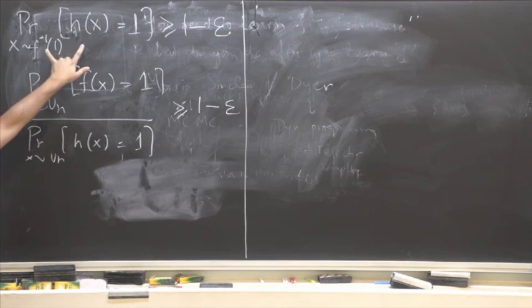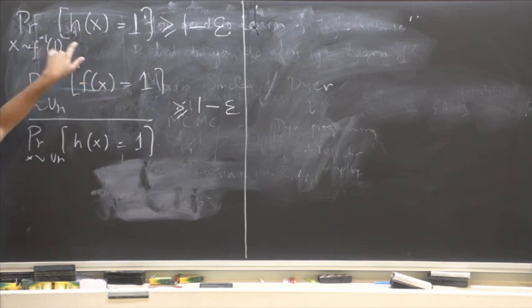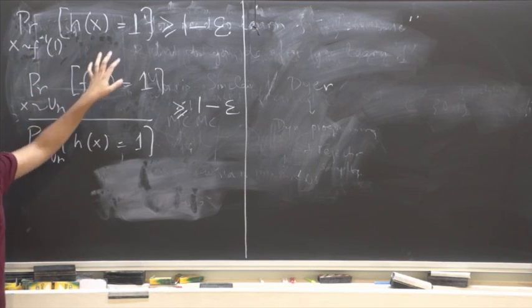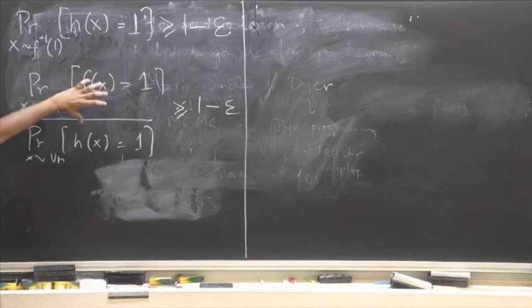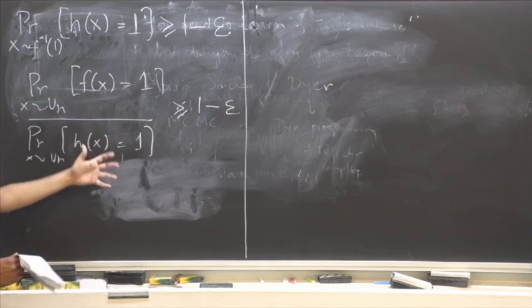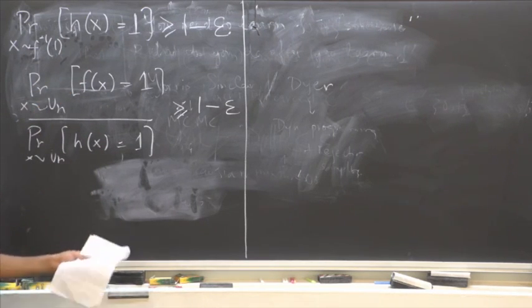So what I am saying is that you can translate that multiplicative error into these two conditions: that almost on all satisfying assignments of f, h is 1, and h is not 1 on a huge set. The first condition you can just achieve by making h uniformly 1 on the whole hypercube.